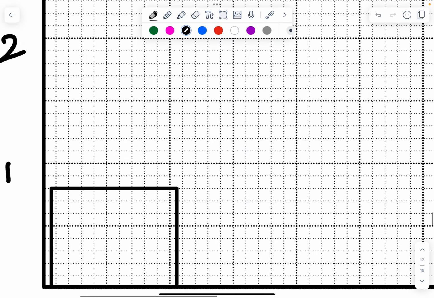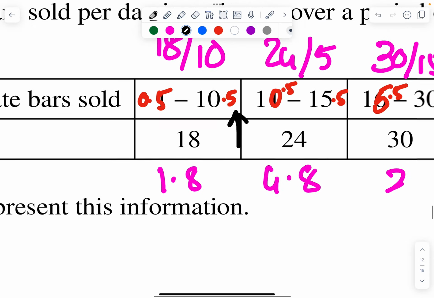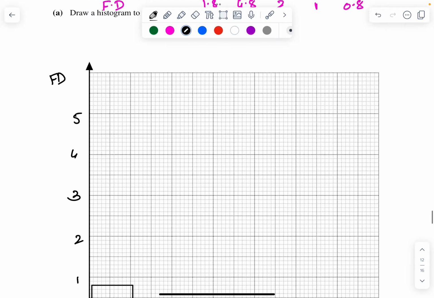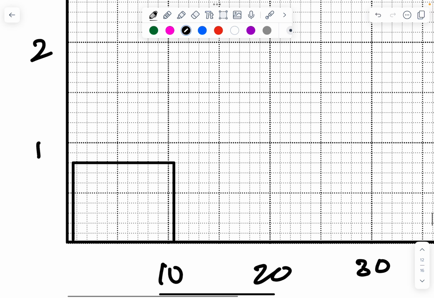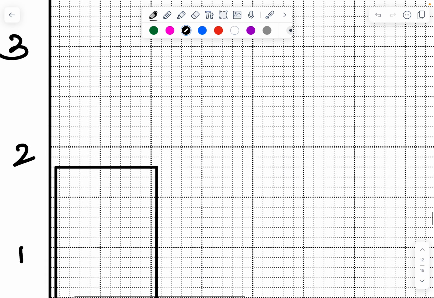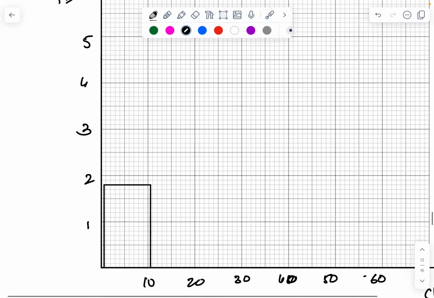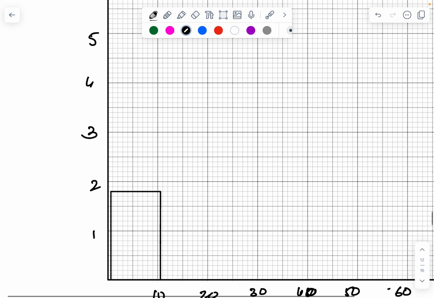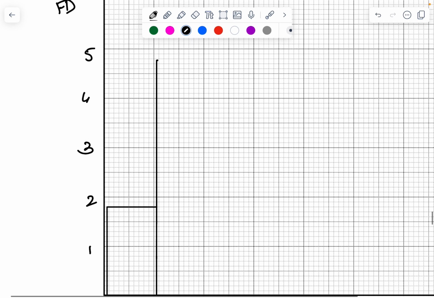Then 10.5 to 15.5 it is 4.8. This one goes till 1.8, and 10.5 to 15.5 is 4.8, going till 15.5.